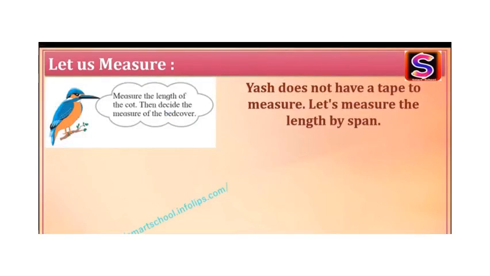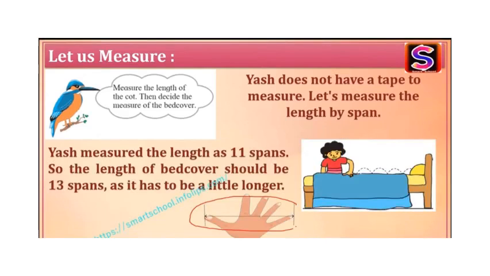He does not have a tape. So let's measure the length by span. See, this is Yash. How is he measuring? 1, 2, 3, 4. He measured the length as 11 spans.